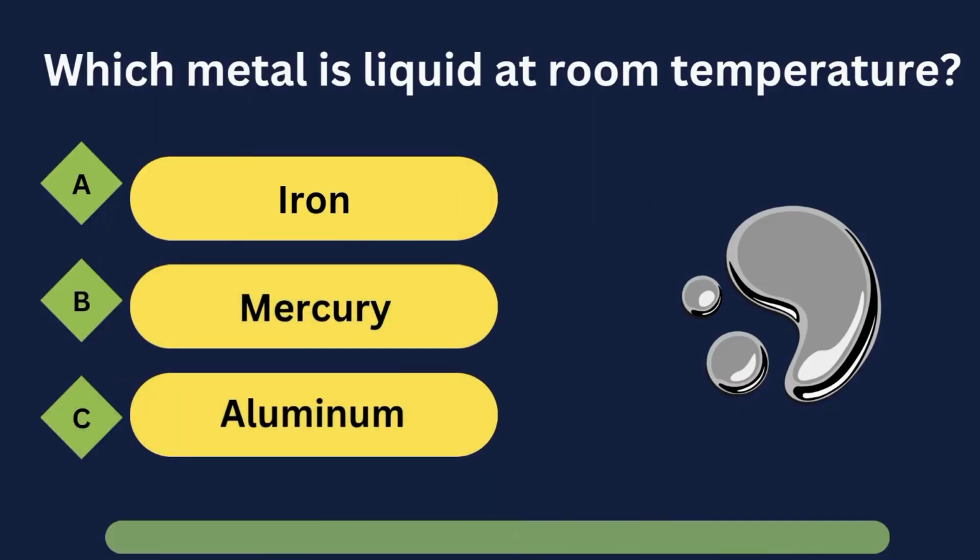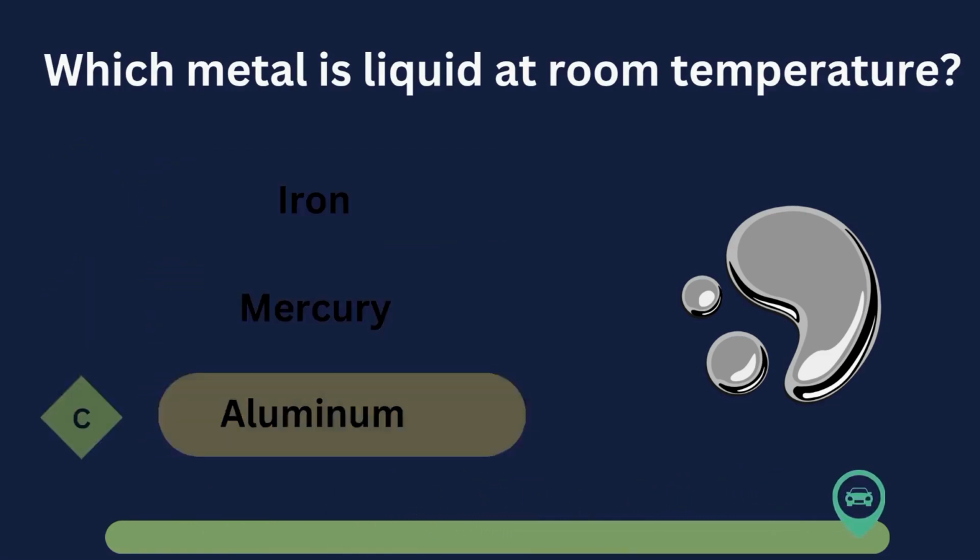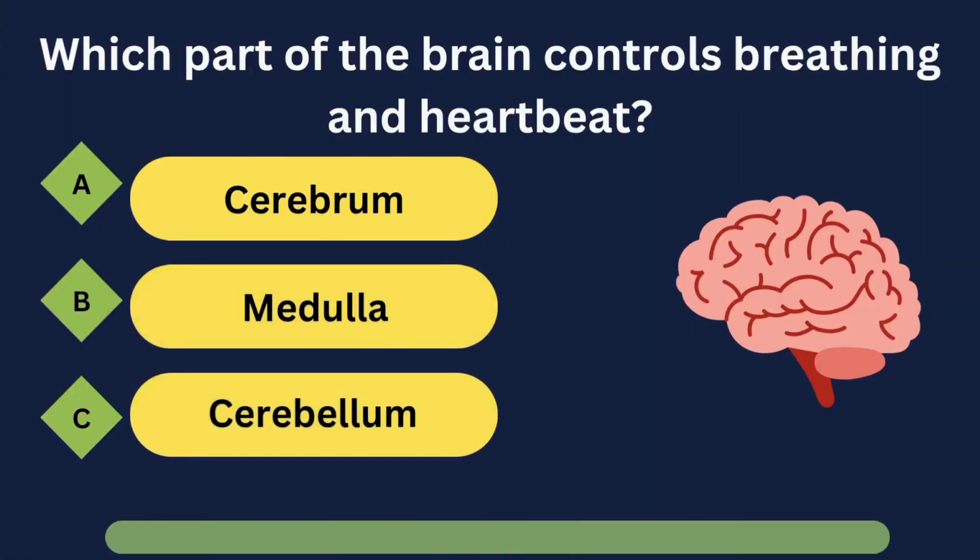Which metal is liquid at room temperature? Iron, mercury, aluminum. Which part of the brain controls breathing and heartbeat? Cerebrum, medulla, cerebellum.